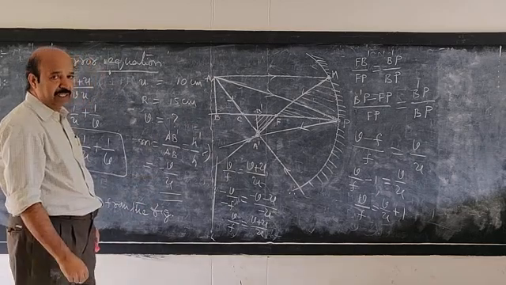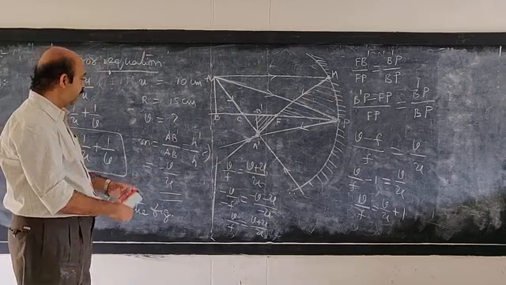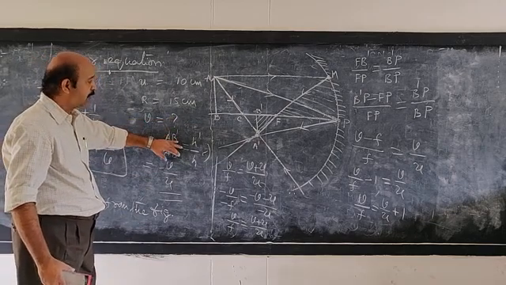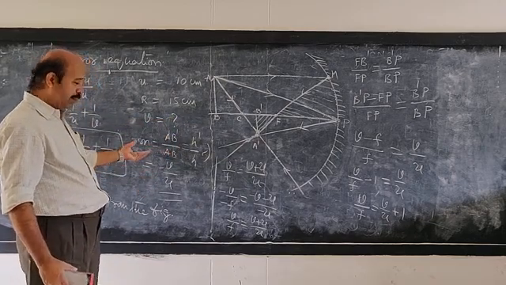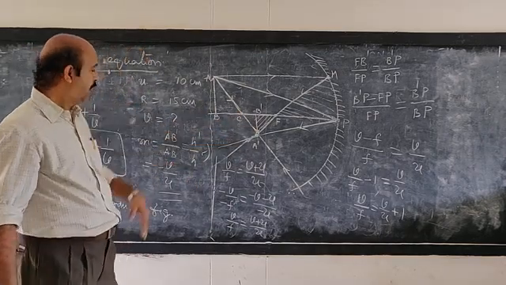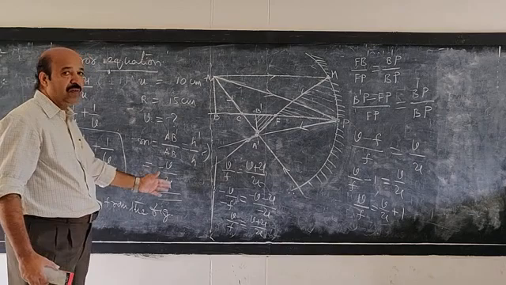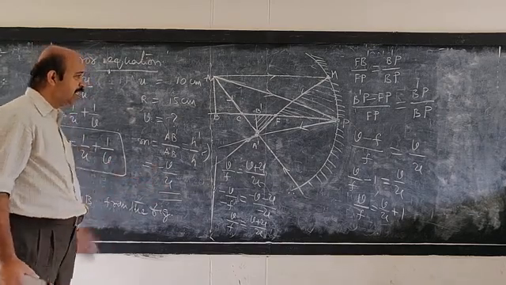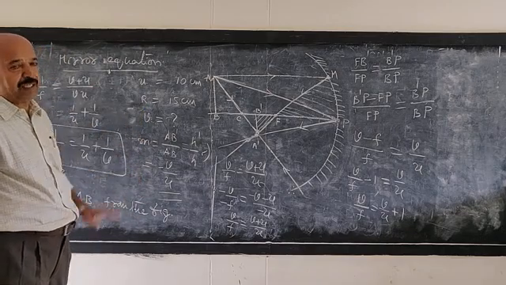So the ratio between the linear size of the image to the object is defined as magnification, equal to v by u, and this negative sign indicates the final image is inverted.